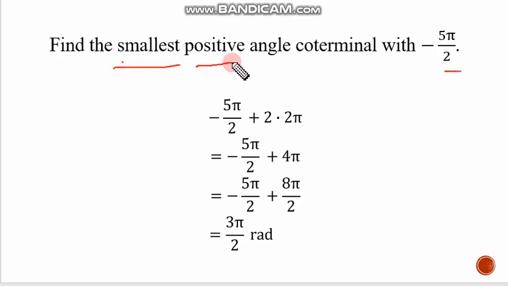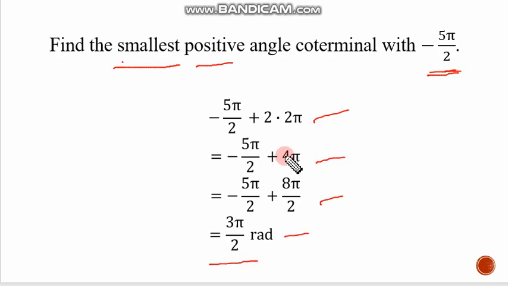Since this is negative, the next angle that is positive will be the answer. So negative 5 pi over 2 plus 2 times 2 pi, that's negative 5 pi over 2 plus 4 pi, or negative 5 pi over 2 plus 8 pi over 2. The answer is 3 pi over 2 rad. This is the smallest positive angle that is coterminal with negative 5 pi over 2.